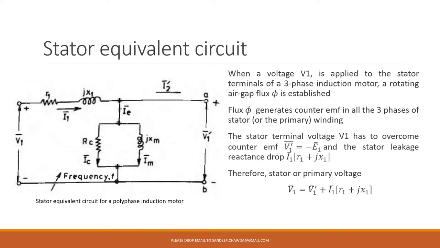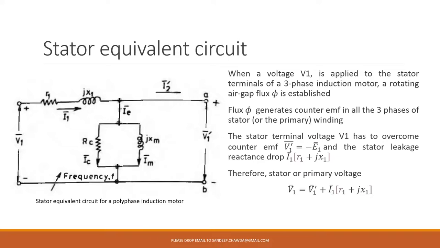So we know, in order to obtain the equivalent circuit, we need the expression of voltage for the stator side. That can be easily obtained, because whenever you connect a supply to the stator of an induction motor, there will be a rotating air gap flux phi, and this flux is going to generate an EMF, basically known as counter EMF, in all windings, in the three-phase winding.